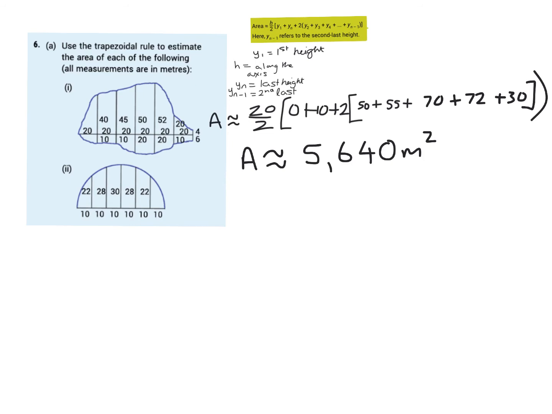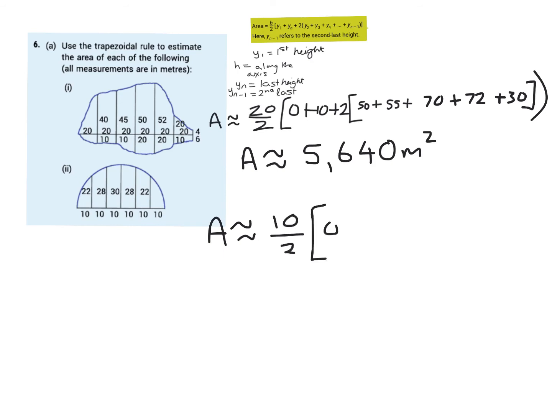Now for the second one, we actually have no first or last height for this second one. So we can say that the area is approximately equal to, okay, our h is 10 over 2.